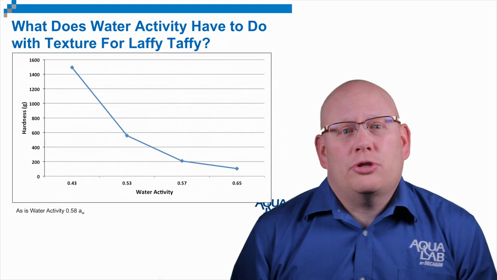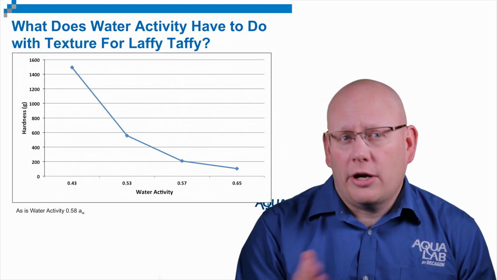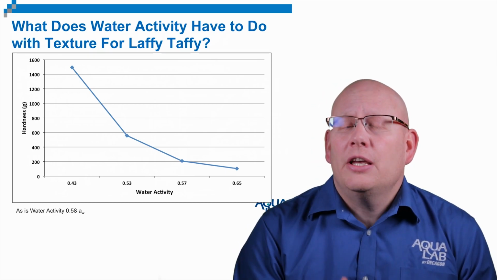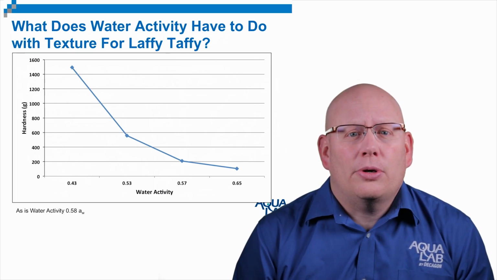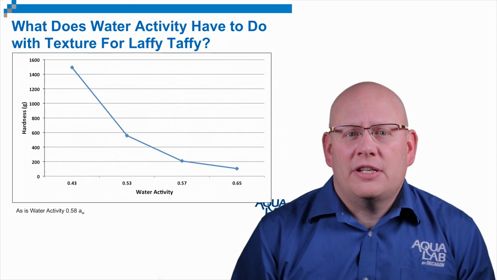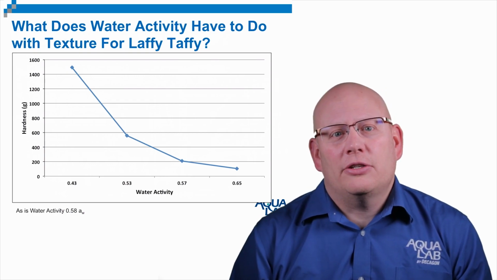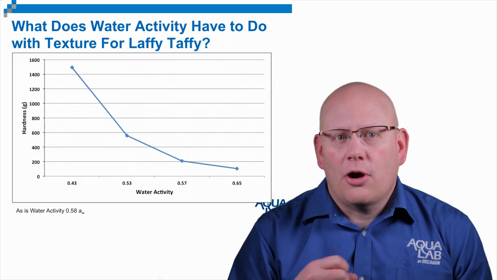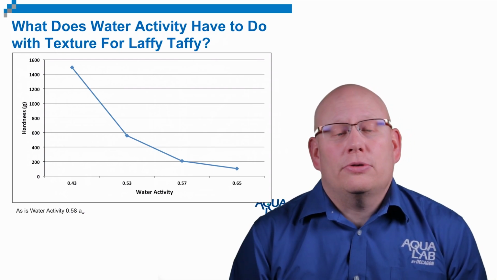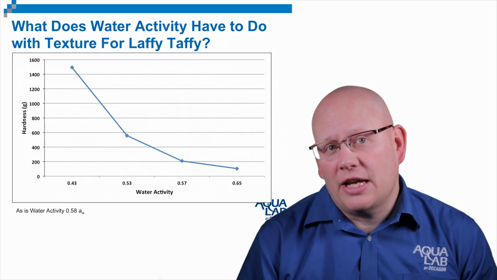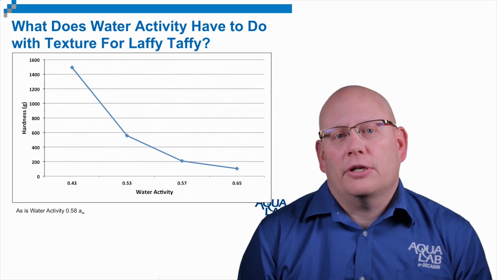So if this is exposed to room humidities for an extended amount of time, its water activity is going to drop to those levels. And you'll notice that there's a drastic increase in the hardness of the taffy, in which case somebody's going to open that package up and try to bite into it, and it's going to be extremely hard, and they're not going to enjoy that product. So that would essentially end the shelf life of this particular product.